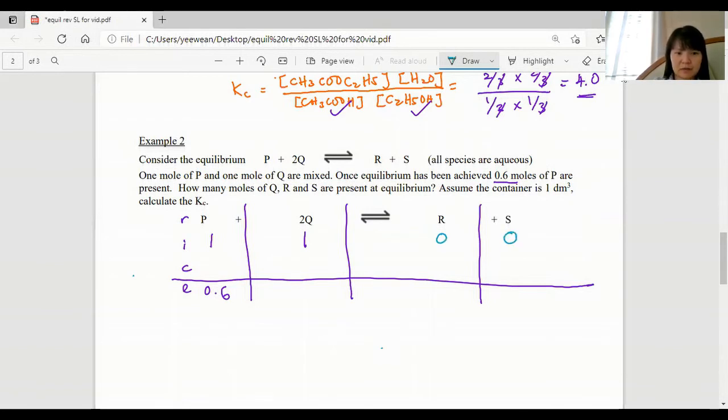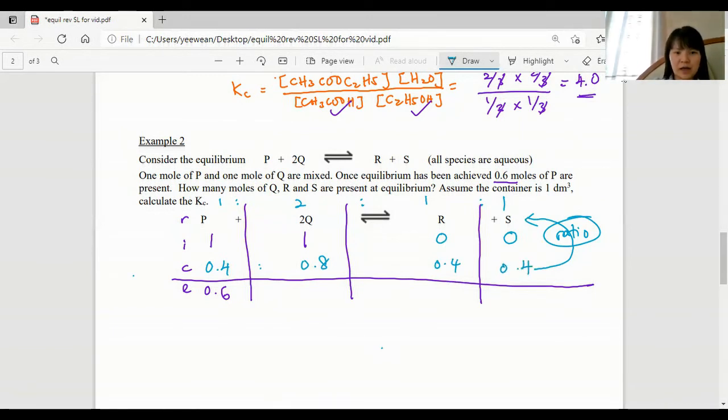And since there's 1 mole of P at the beginning and in the end there is 0.6, I know that the change is 0.4. And this change has to be according to the ratio of the stoichiometry. So we know that it is 1:2:1:1 here. So 0.4 is to 0.8 is to 0.4 is to 0.4.